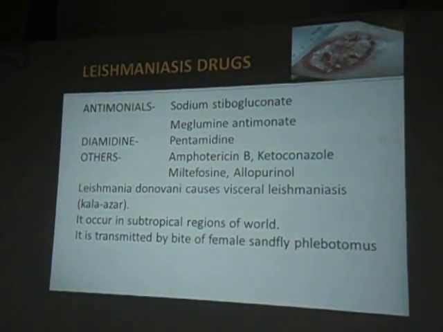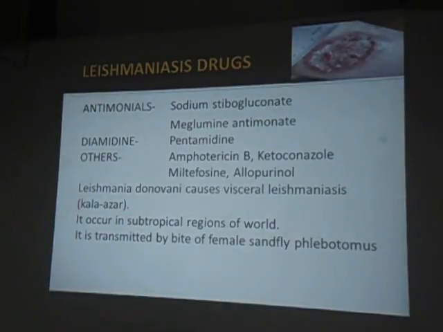So, leishmaniasis, have you heard of this? Visceral leishmaniasis, cutaneous leishmaniasis. The drugs used here are the antimonials, sodium stibogluconate, meglumine, and the diamidine, again pentamidine. And if you remember, while discussing amphotericin, we said it can be used in leishmaniasis.